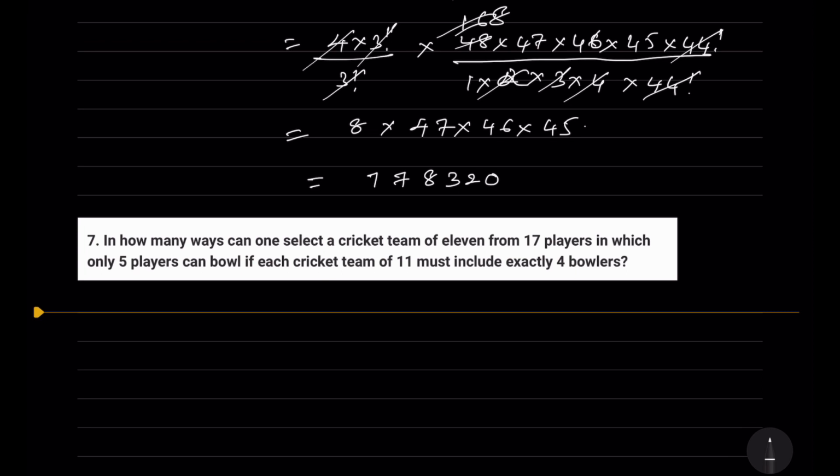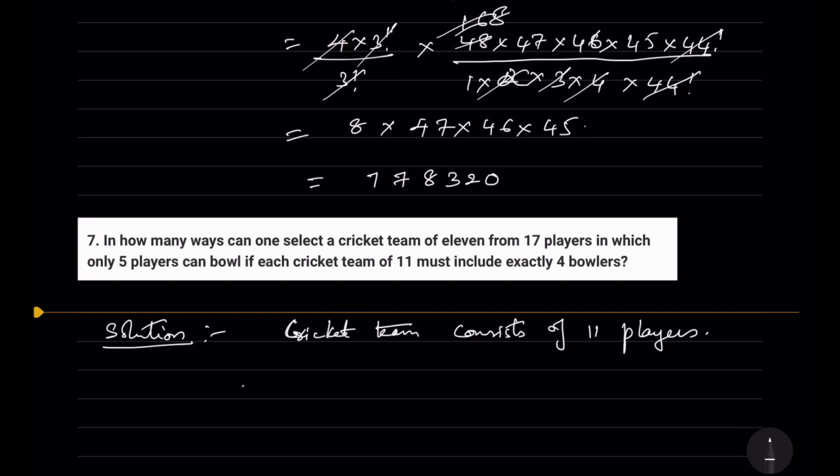What is given exactly in this? So what all is given, we'll just see. A cricket team consists of 11 players, so 4 bowlers should be there.